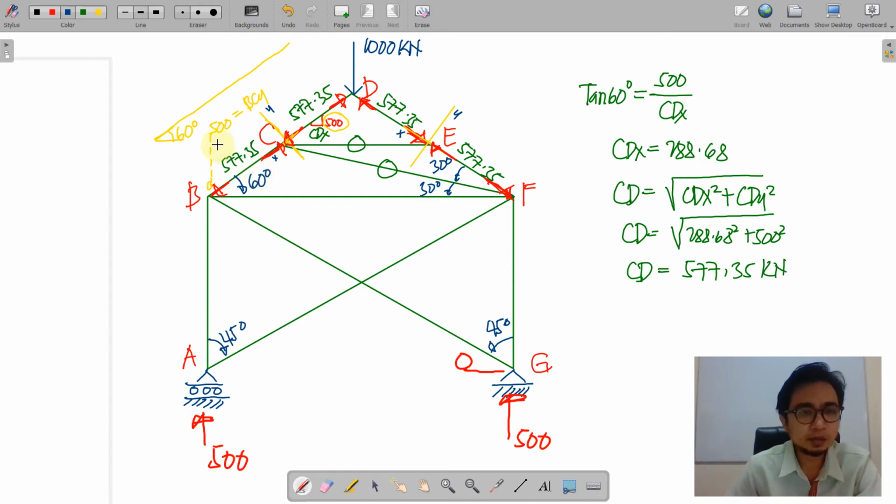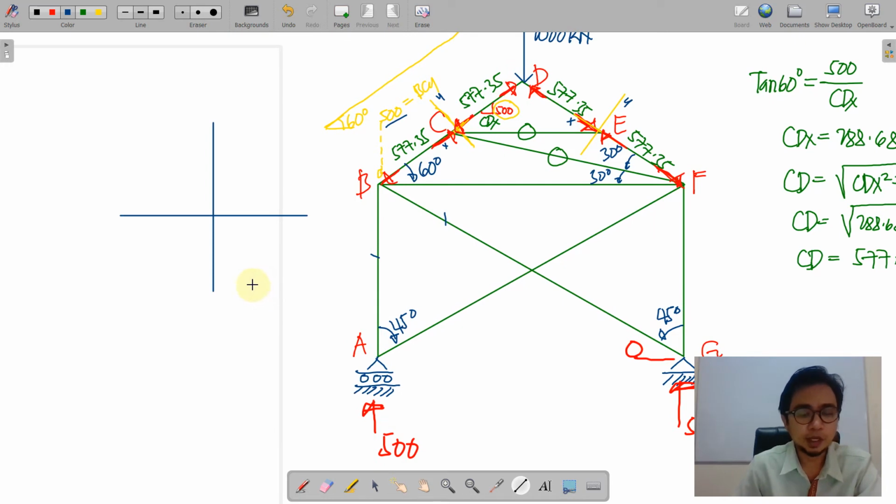Now this 500 is to be countered by BG and AB. So this time we have no choice but to go over with the detailed joint method at B.